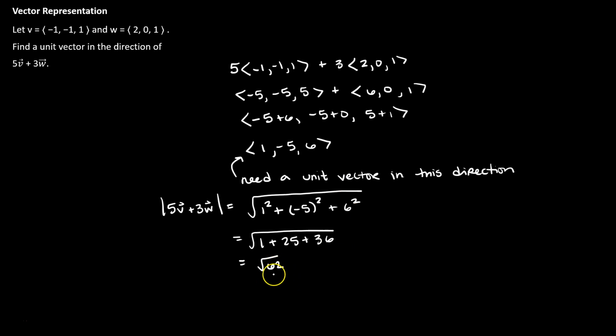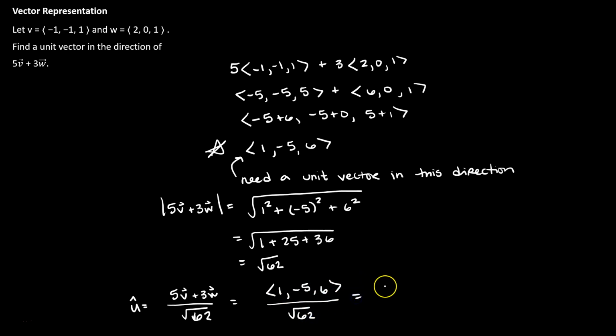Now that we have that magnitude, we can create the unit vector, which takes the vector 5v plus 3w and divides it by the magnitude of that vector that we just found. So the result would be 1, negative 5, 6 divided by root 62. Or we could write that out as 1 over root 62, negative 5 over root 62, and 6 over root 62.